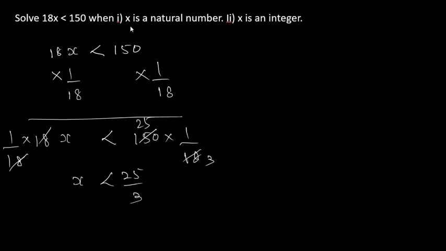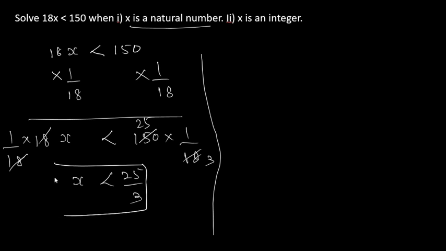Now it is given that x is a natural number. In the first case, x is a natural number, it belongs to the natural numbers.